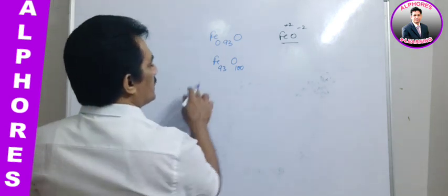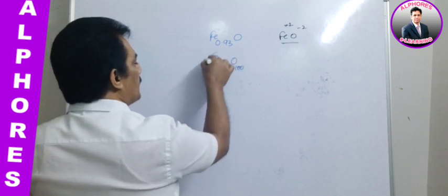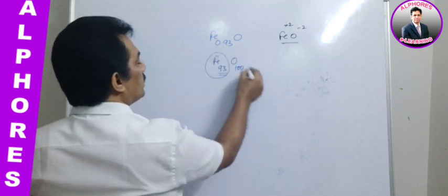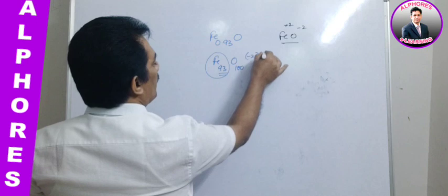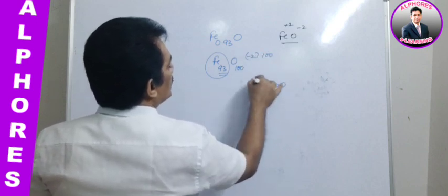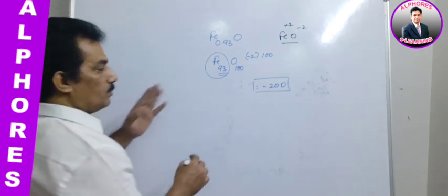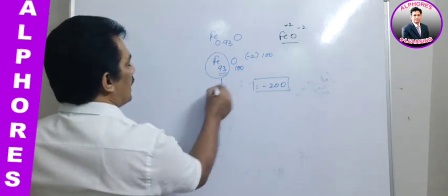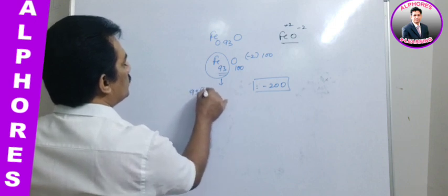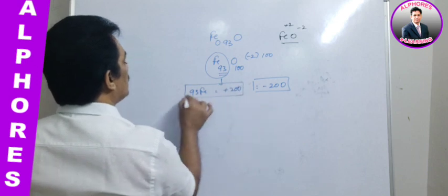Now, when it is given like this, the 93 iron atoms have to balance oxygen, which is -2 into 100, that is -200 charge. To balance that -200 charge, these 93 iron atoms should possess +200 charge, is it not? This is the concept.